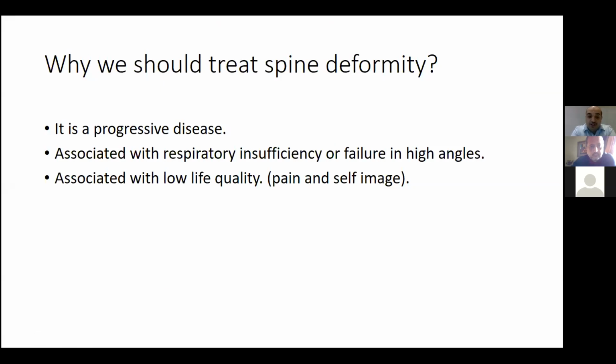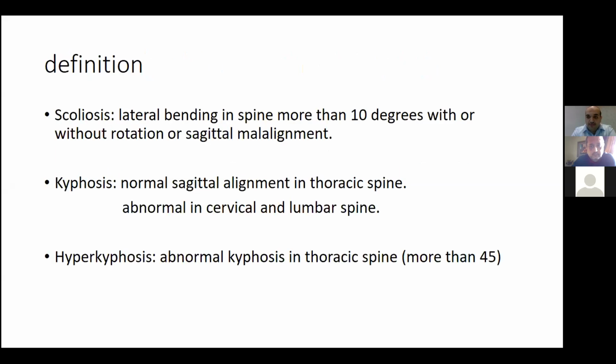It is also associated with low quality of life. Sometimes deformities are painful, sometimes they prevent patients from sitting in a good position, and there is the self-image of girls who have such a deformity.